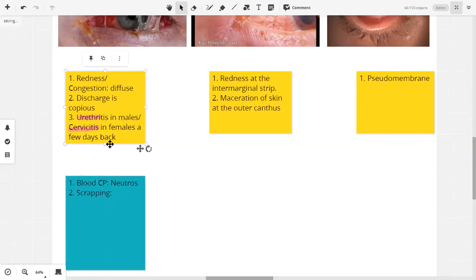So on the basis of these clues, if the patient was a male, he'd have urethritis, and if she were a female, she'd have cervicitis. You have two microorganisms in your differential. One is Neisseria gonorrhea, and the second is chlamydia. So these are the two important differentials which you have to keep in mind.